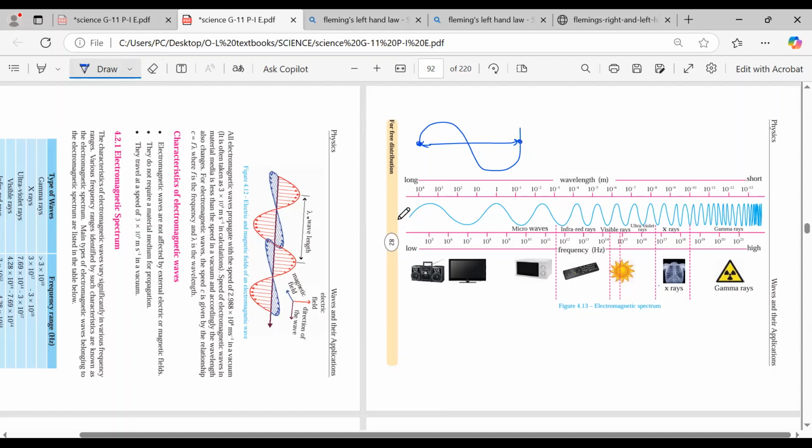When we talk about the wavelength of radio waves, the wavelength is here to here. Look at the distance of this wavelength. It takes this much for one wave to complete. The wavelength, this many meters. Just imagine it in meters, okay?